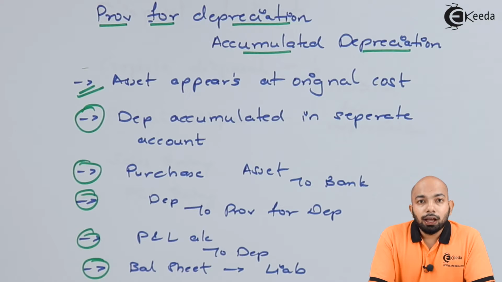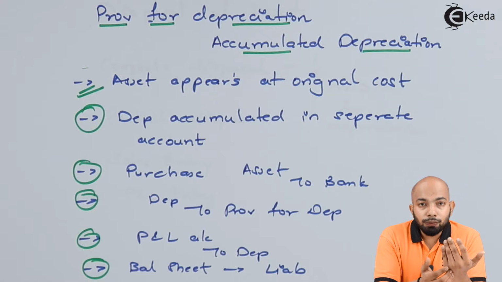Now, the fourth step: after all these things have been mentioned, you put this in the balance sheet. When you put this in the balance sheet, it is either the liability side that is affected or the asset side that has a net effect. If there is a provision for depreciation account, the liability side will have the total provision for depreciation which has been created, and the asset side will have the original cost.